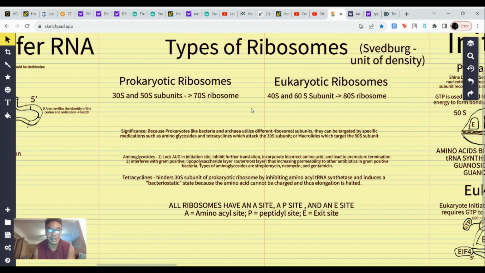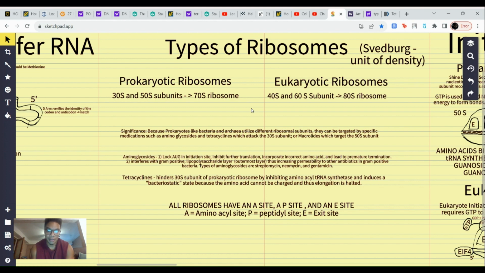But yes, the 30 and 50 subunits of the prokaryotic ribosomes make a 70S ribosome, and eukaryotic ribosomes are composed of a 40S small subunit and a 60S large subunit, which come together to make an 80S ribosome.